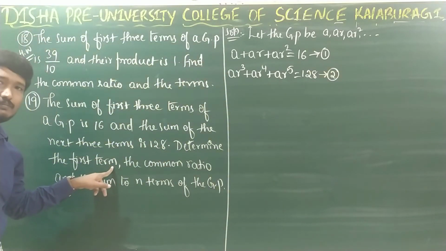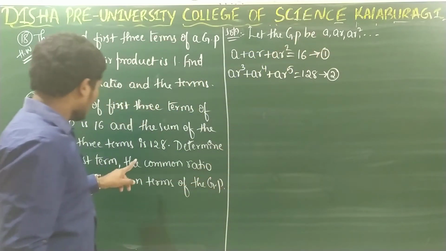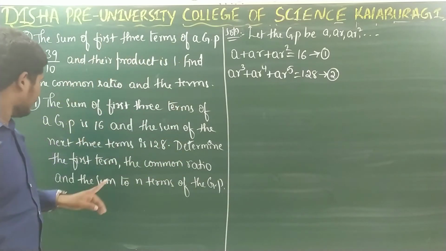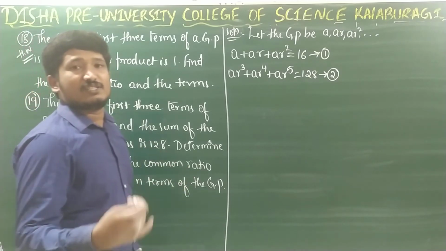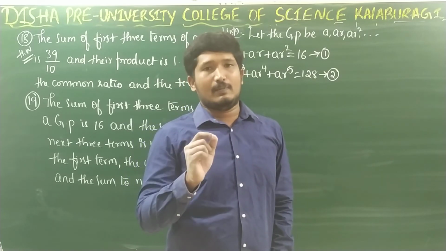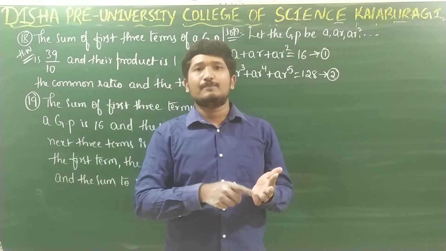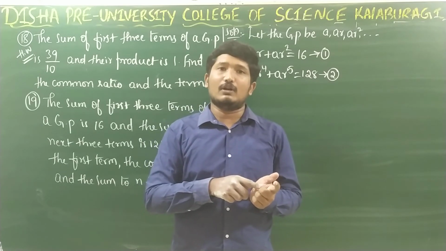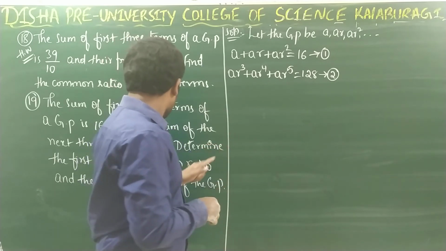Determine the first term, that is, we have to calculate the value for A. The common ratio, we have to calculate the value for R. And the sum to n terms of the GP, that is, Sn. So there are three values to be calculated: A, R, and Sn.